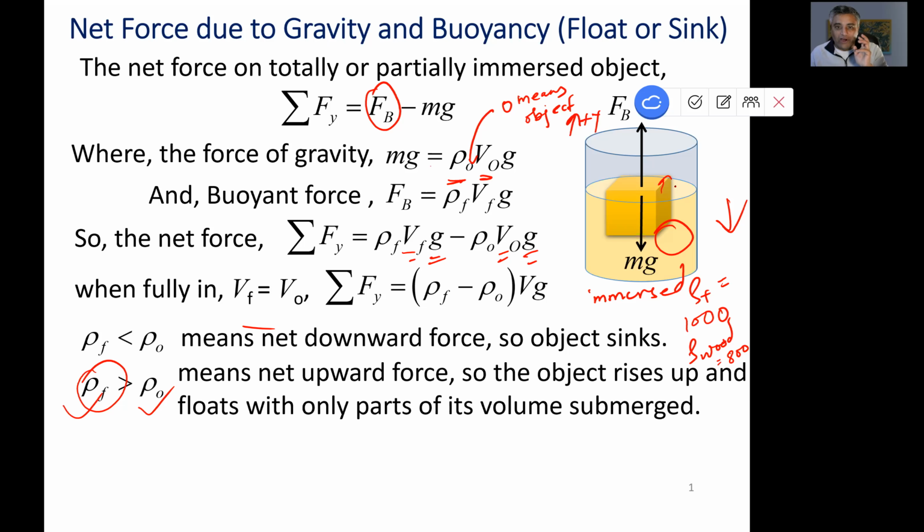The volume of fluid displaced is simply the part of the object's volume that's inside, which is always less than the object's volume when the object is not fully immersed.